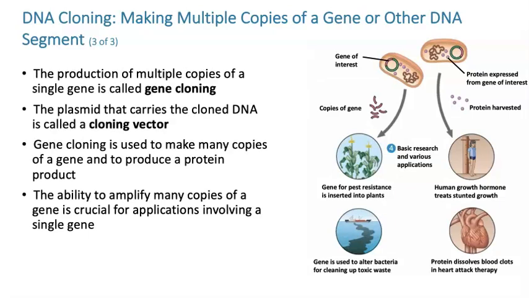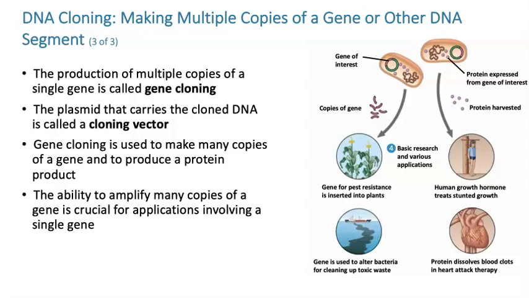Any time that you make multiple copies of a single gene, what you're doing is something called gene cloning. And just to reiterate, if you put those genes into a plasmid, that plasmid is called a cloning vector.